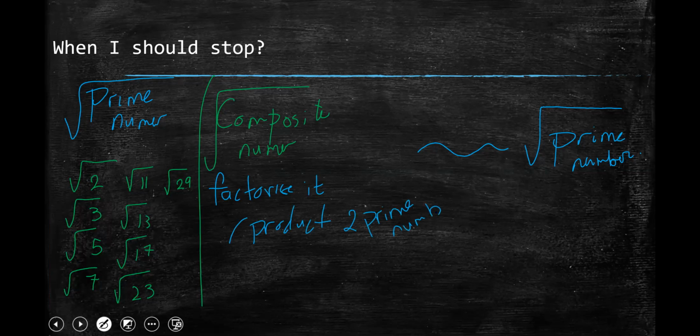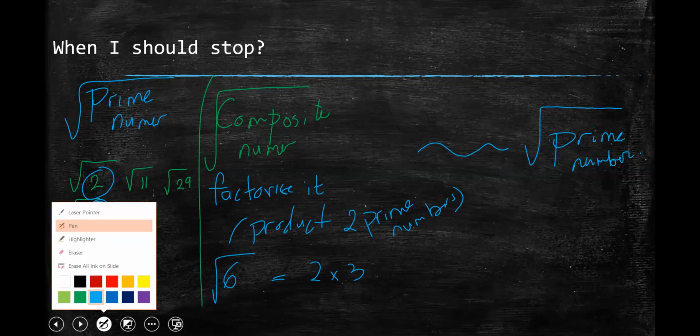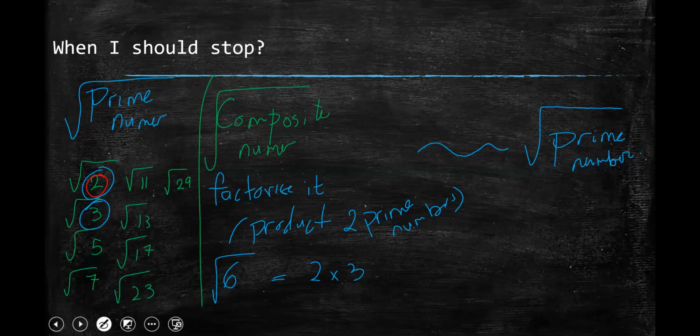such as 6. 6 is 2 times 3. So I can stop at square root of 6. And also, I can stop at square root of 10, because if you factorize 10, it is 2 times 5, and 2 and 5 are prime numbers.